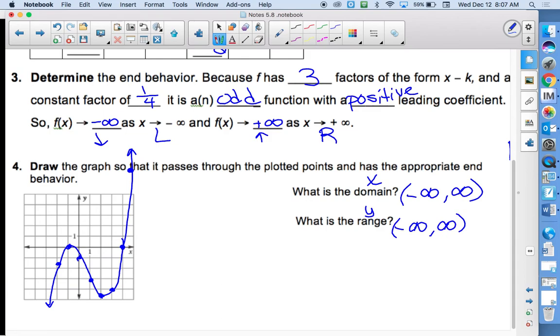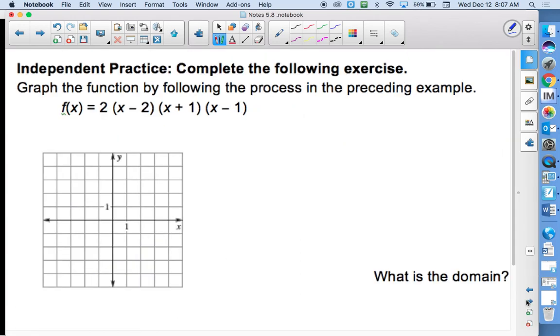So we're going to do another one together. And this one will be similar to how it's worded in your homework, which is why I gave you that little third sheet of paper, because we're going to really follow these steps to help us get a graph. So graph the function by the following process, which we used on the other page, by following the process in the preceding example. So the first step would be to get the x-intercepts, or the zeros, using the factors.